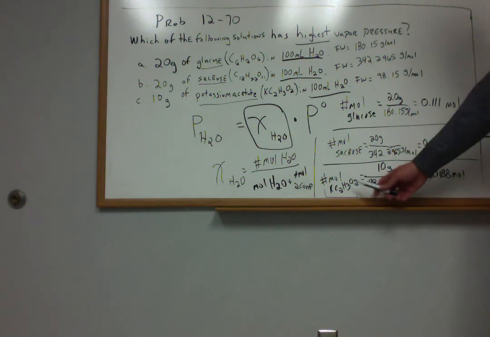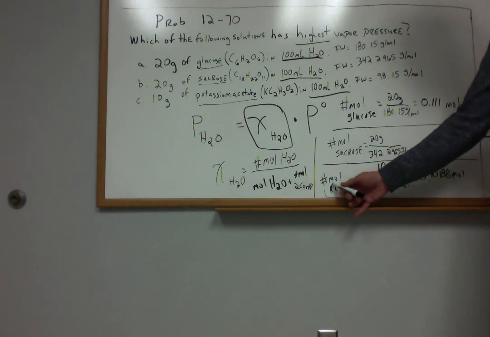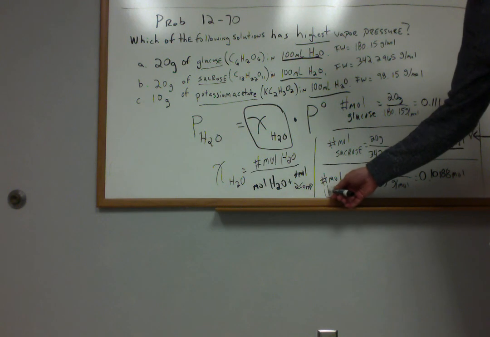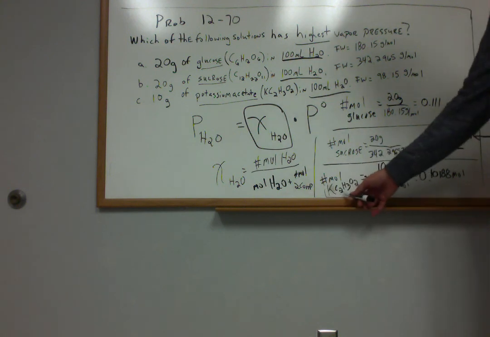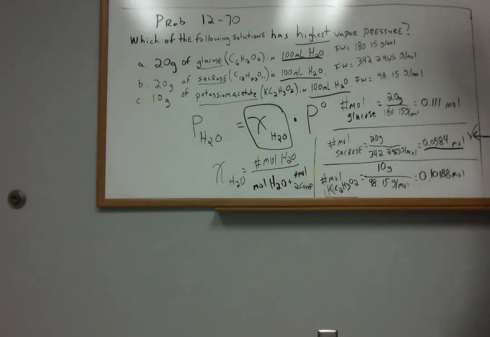But with this potassium acetate, this is an ionic salt. It has a cation, which is K, potassium. It's not a very pretty K, but it's meant to be a K for potassium. And it's also got its counterion, which is the acetate, a polyatomic anion. It's got a -1 charge.